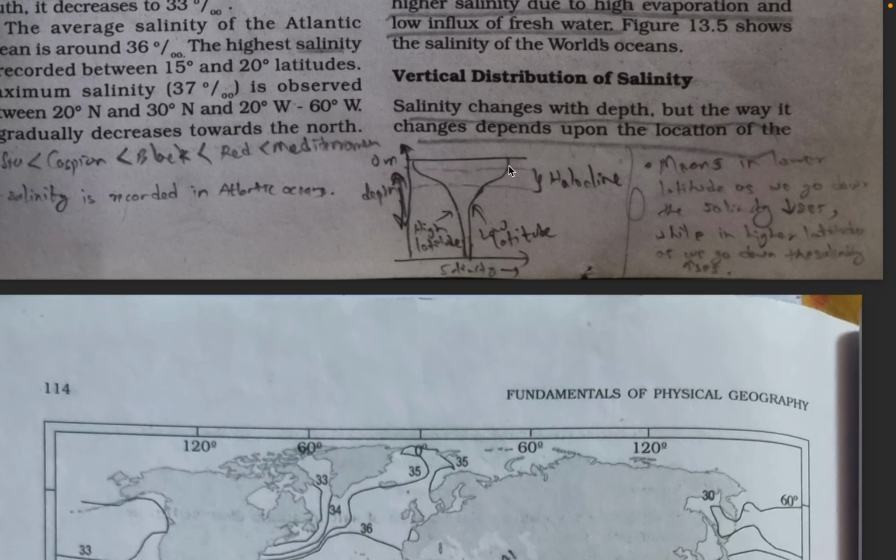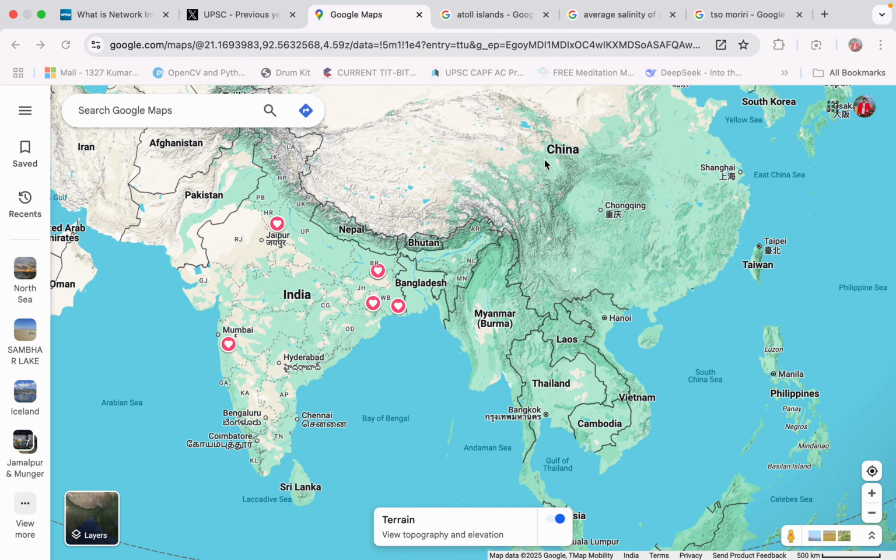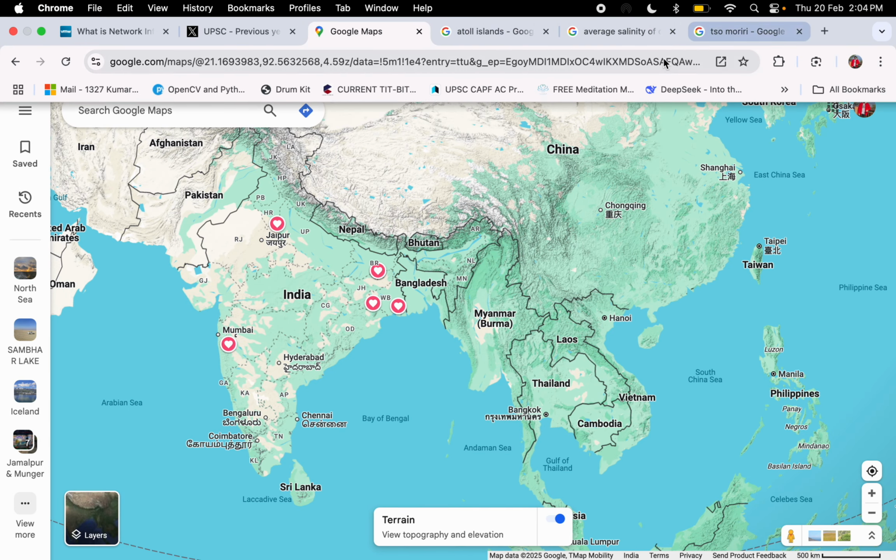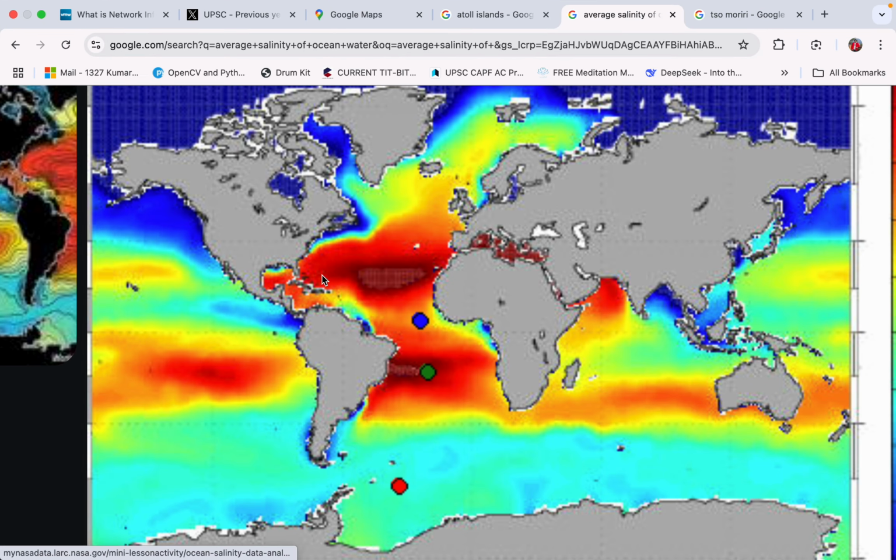As we go down, salinity does not decrease that much, but as we go much deeper, there is a halocline level where the salinity decreases abruptly, and after that it constantly decreases. So this is the low latitude. Over the low latitudes, we know that low latitudes means this area, the salinity is already high.